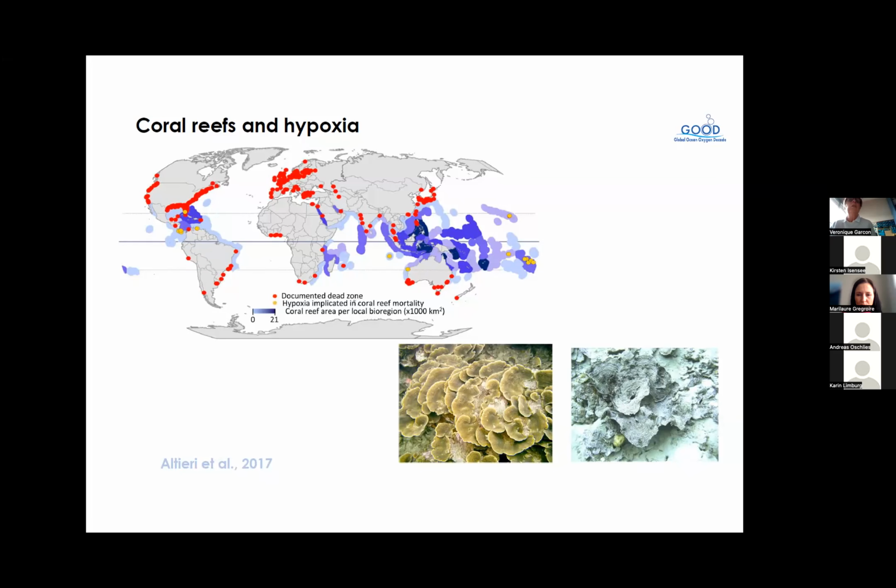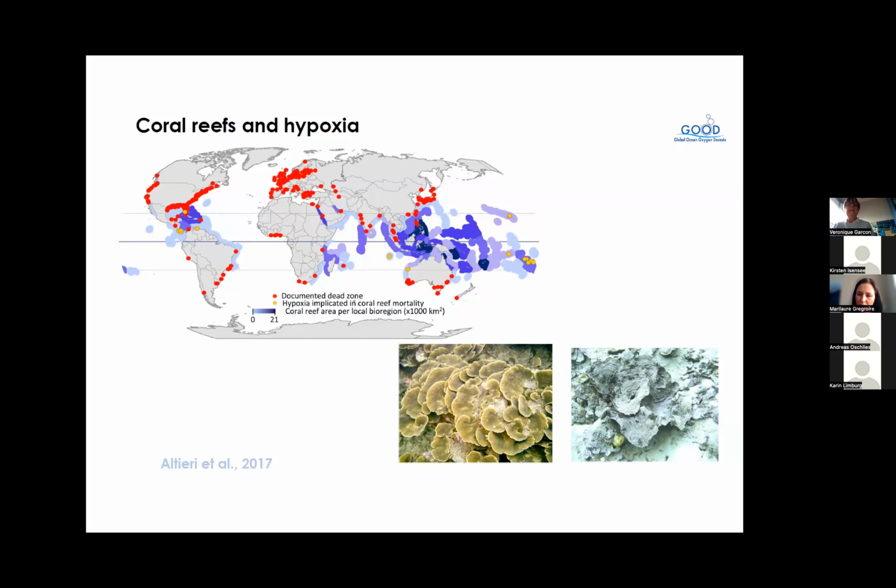These are the yellow dots, if you see on the map. The red dots are the coastal dead zones. The intensity of the color purple indicates density of coral reef evaporation. So we see now that hypoxia, in addition to OA events, occurs on coral reefs and affects tourism and livelihoods.